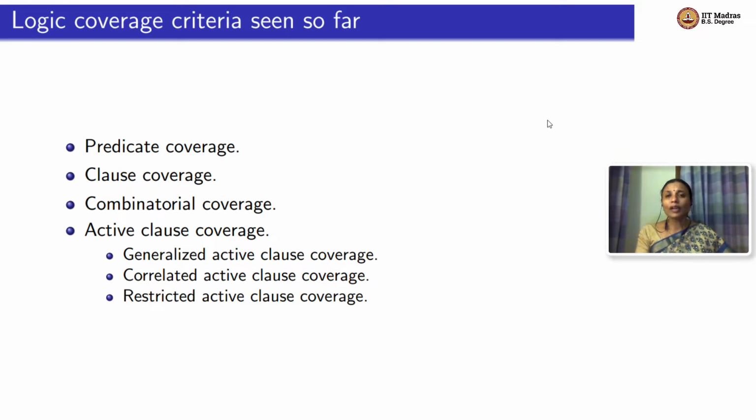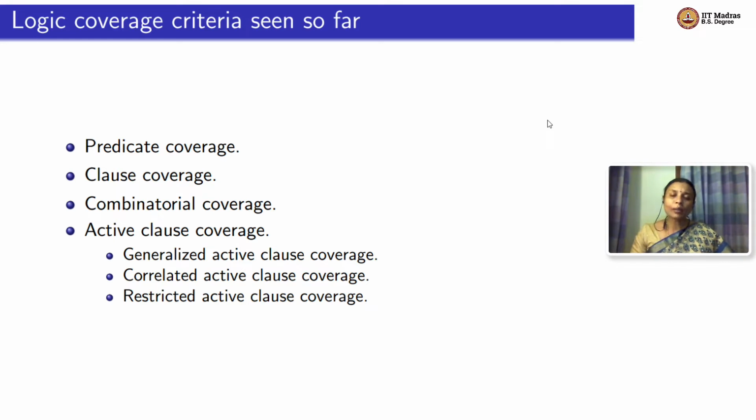That is, if I change the value of the major clause from true to false, that also changes the value of the predicate from true to false or from false to true. So this is called active clause coverage. We take one clause at a time in a predicate with several clauses as the major clause and test if we can achieve active clause coverage for that particular clause against the predicate.